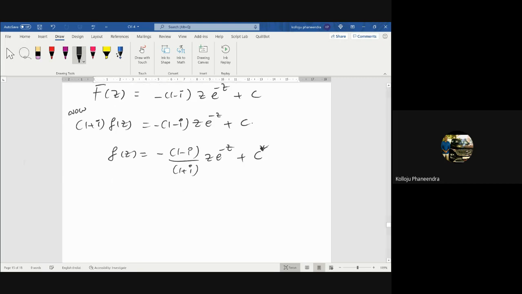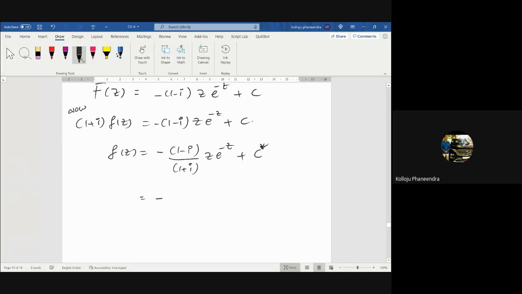Okay, c star. Rationalizing this, a minus b whole square, minus 2i by 1 minus i square, z into e to the power of minus z plus c star.